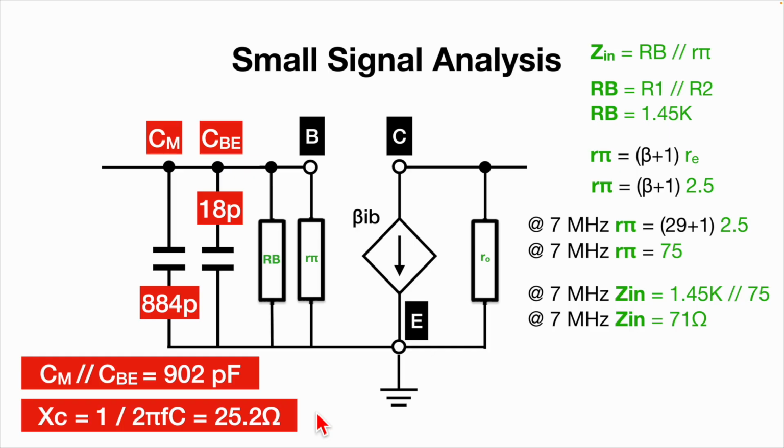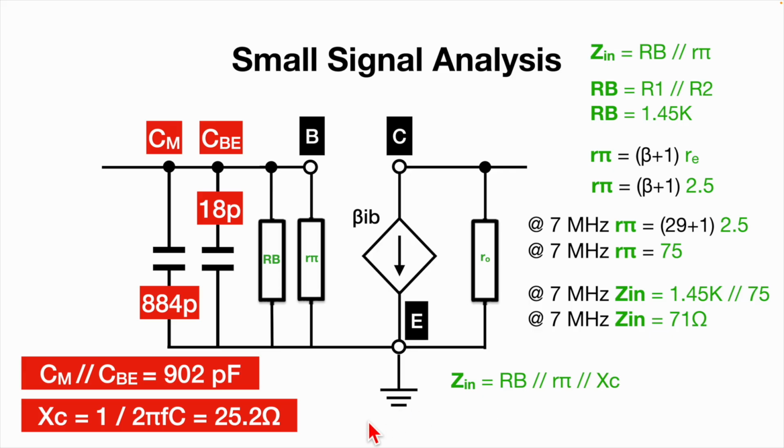Now, that's going to be a problem, because now what we've got to do is take the original two resistances, but we've also got to parallel in this capacitive reactance. And as you know, whenever you parallel resistances, the total resistance will be lower than the lowest value.